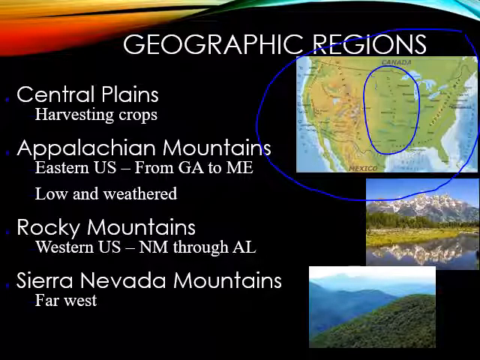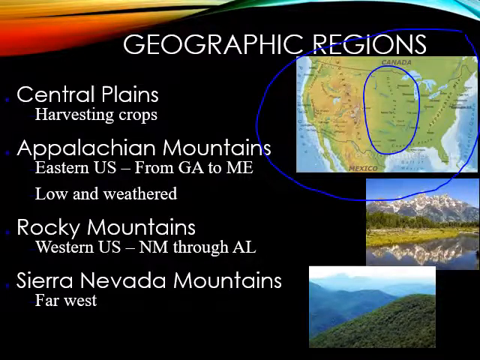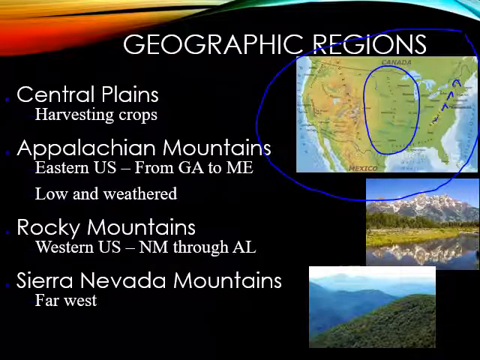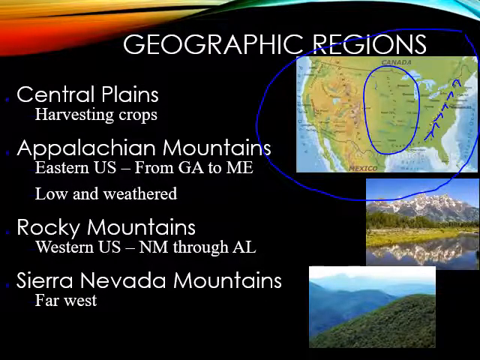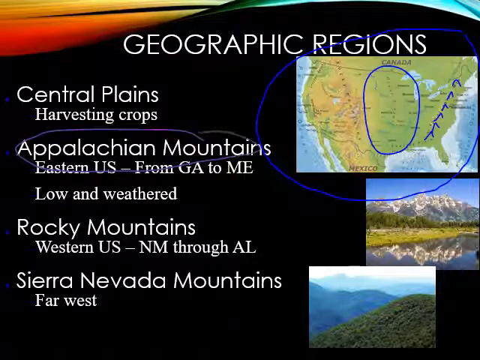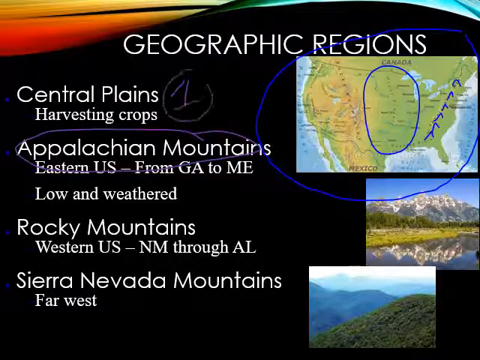And then over in the eastern part of the United States is the Appalachian Mountains. Okay, and they kind of run right down here, and you'll be drawing these into your map, and you'll be labeling them as the Appalachian Mountains. Okay, so let's call Central Plains number 1, Appalachian Mountains number 2.